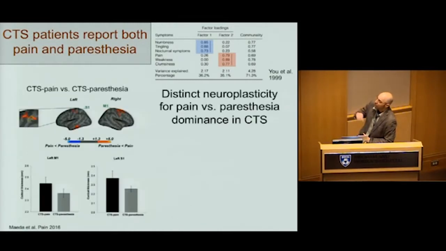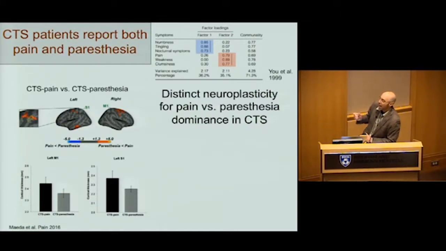When we separated our patients into paresthesia dominant subgroups versus pain dominant subgroups, that's where we saw a really large difference, specifically in S1, where it was the paresthesia dominant patients who had less cortical thickness in S1 compared to the pain predominant CTS patients.